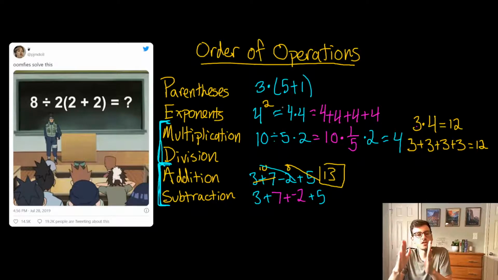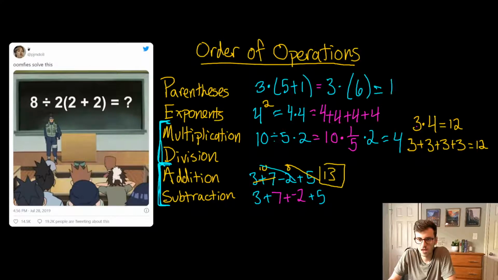But I'm putting the parentheses there to tell you, hey, 5 plus 1 is what needs to happen first. That is the problem communicating to you, telling you what needs to happen. Okay, so in this example, 3 times (5 plus 1) would be the same as 3 times 6. And then we just multiply. 3 times 6 is 18.